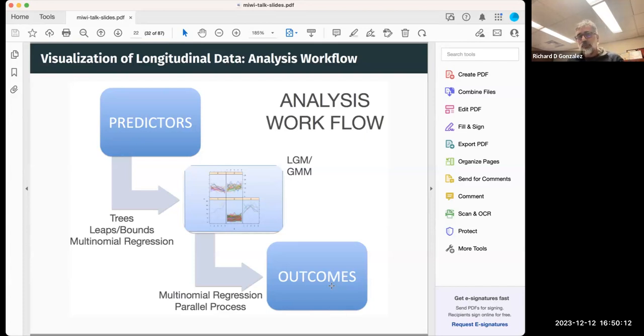Another prediction problem is what these trajectories, these profiles, are that we're looking at. And once we've identified the profiles, what do those profiles predict downstream, like 2 years later? So data science allows us to solve this kind of analytically difficult problem, this kind of workflow, like an analysis problem.